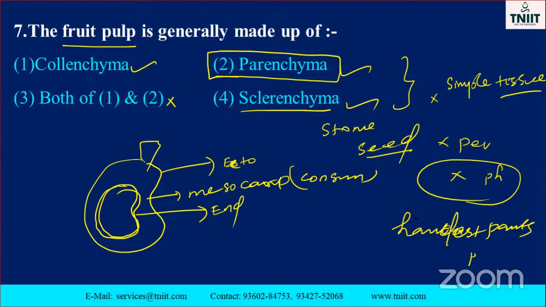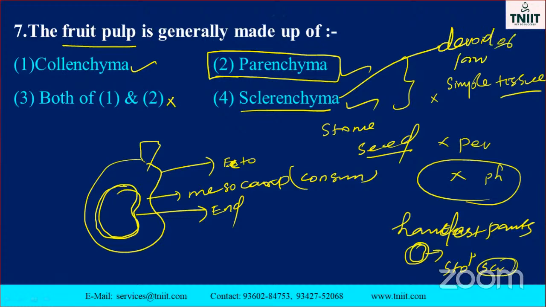For example, Pisum sativum, dry seeds, beans. A dry seed is also made up of stone cells, called sclereids. They are devoid of protoplasm, so they will not undergo further cell division.